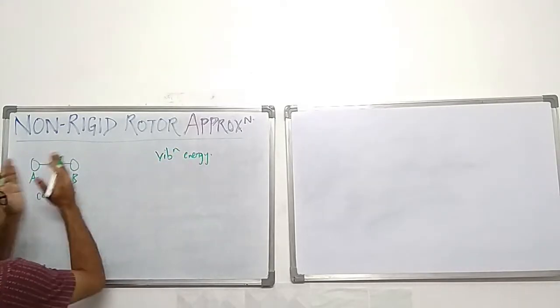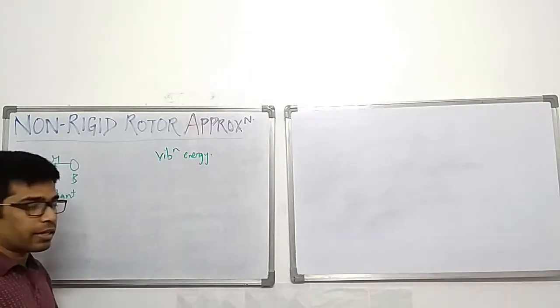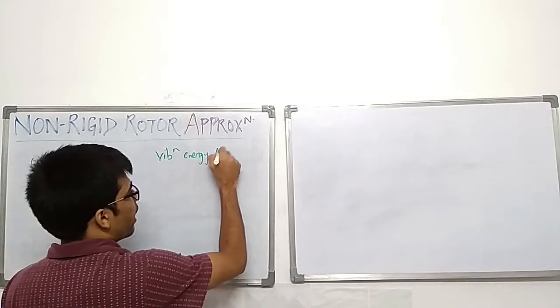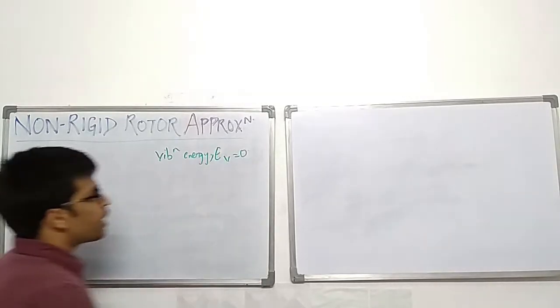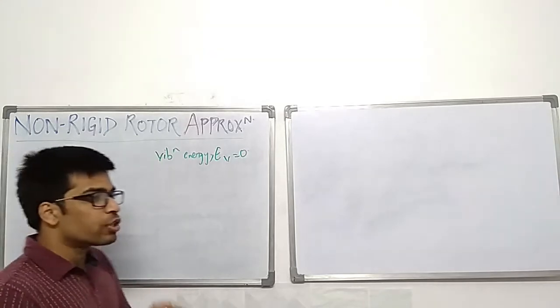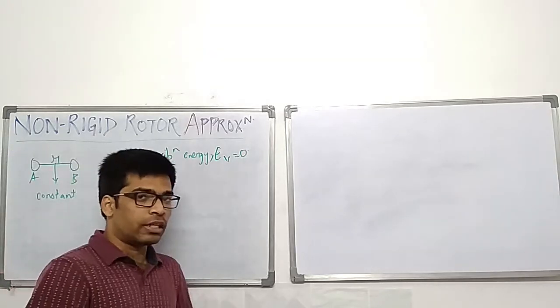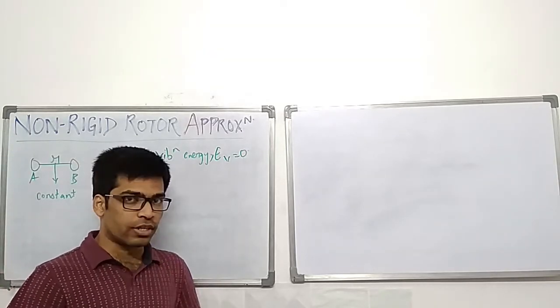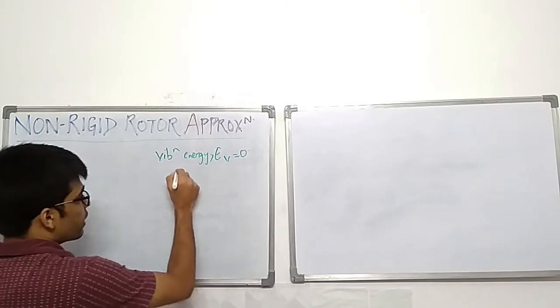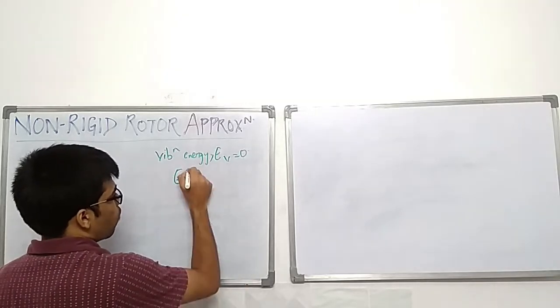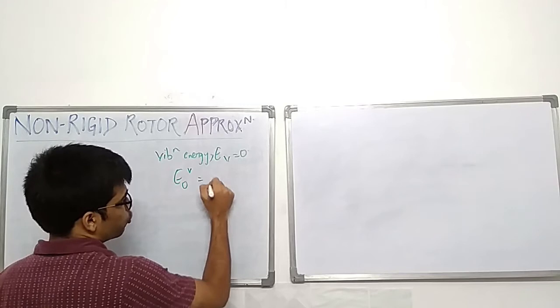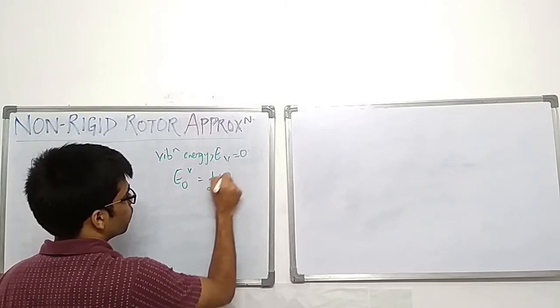Now, if the vibration has to be absent, this vibrational energy has to be zero. Now, we know that at absolute zero temperature, or at 0 Kelvin, the molecules will be in the ground state. The ground state energy, or E0, of vibrational transition is half h nu.